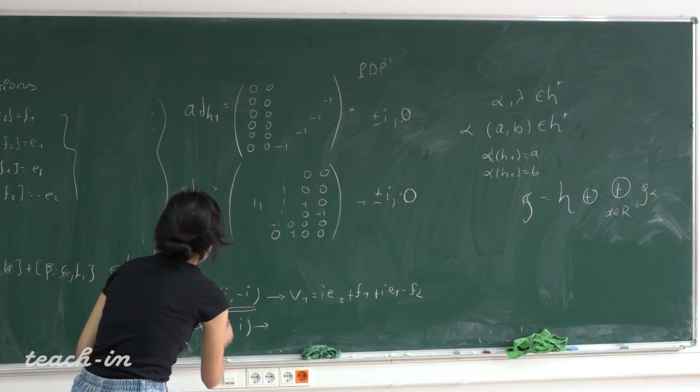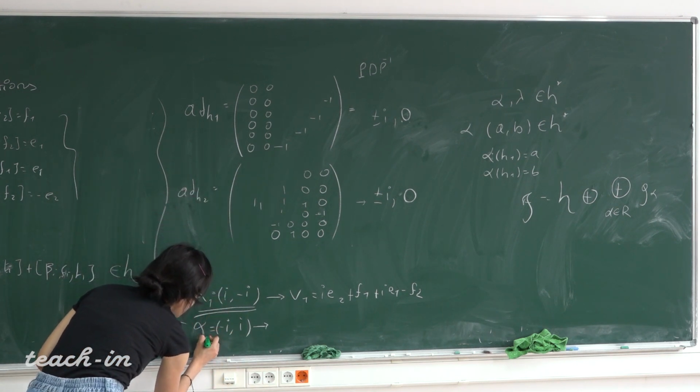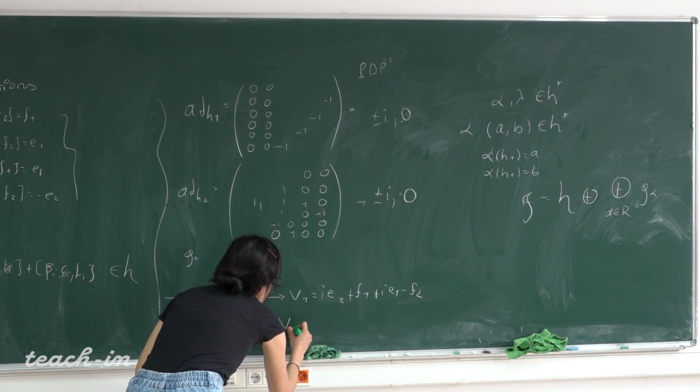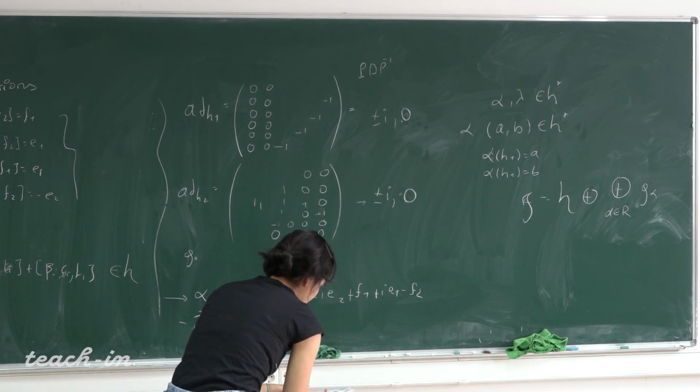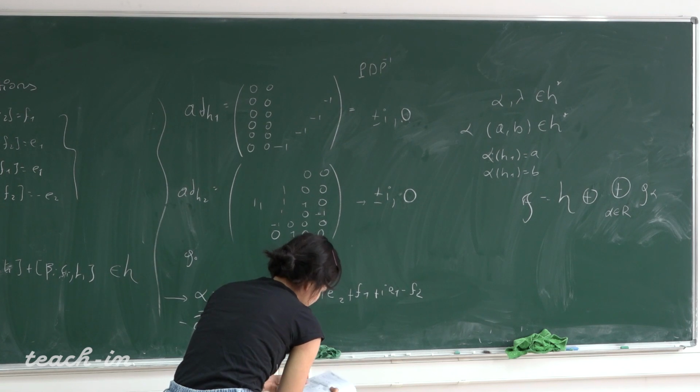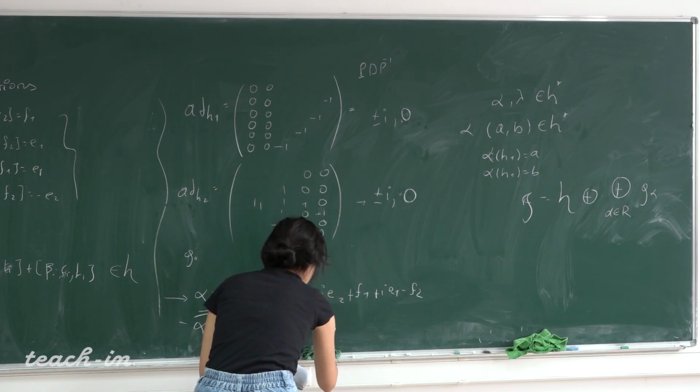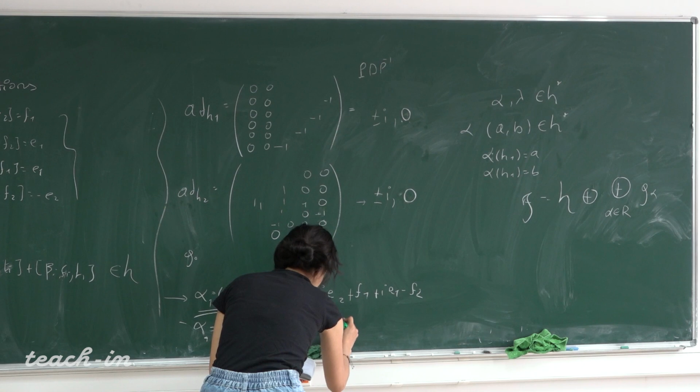This is lambda 1, in my notation this is lambda 4, and I found this vector, and it is this guy, 2 plus F1.